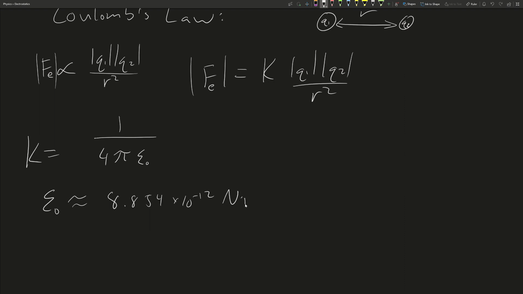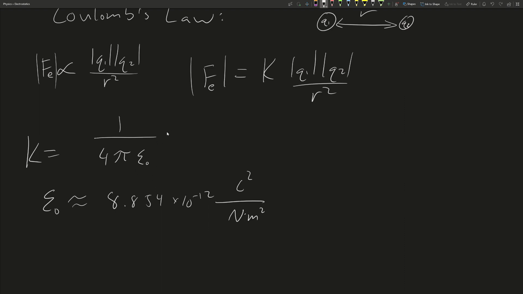Or sorry, the units for this are going to be coulombs squared over newtons times meters squared. And this can be found through the speed of light, but that will be covered later. That's not necessary to know yet for understanding Coulomb's law.